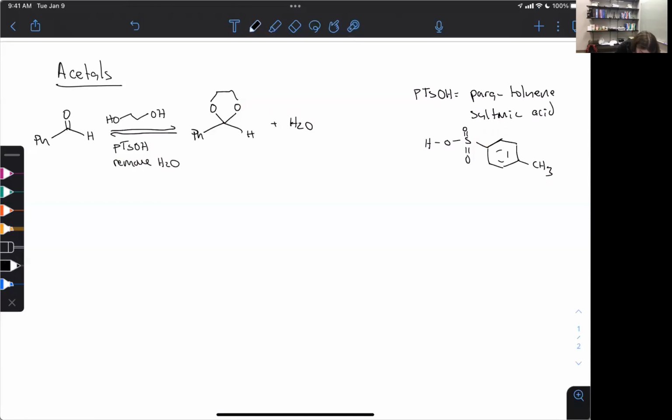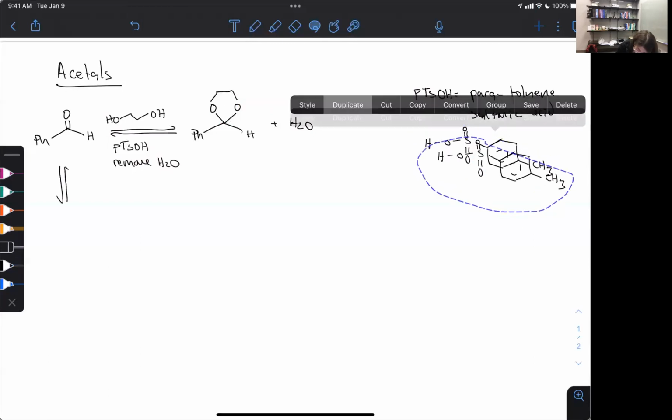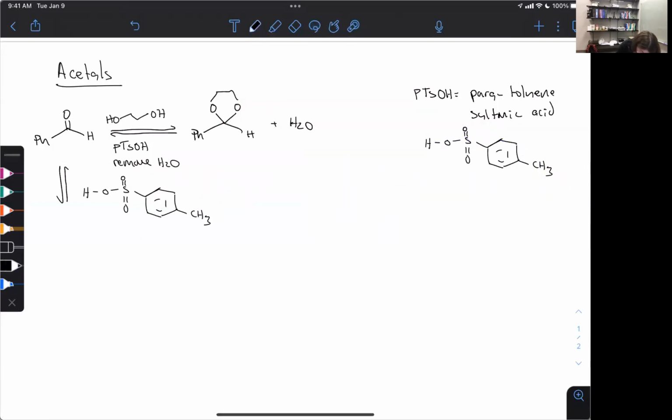All right, so first step is we're going to protonate. I'm just going to cheat and bring this over here. So we're going to protonate our aldehyde. And then we're ready to have our first nucleophilic attack of our alcohol.